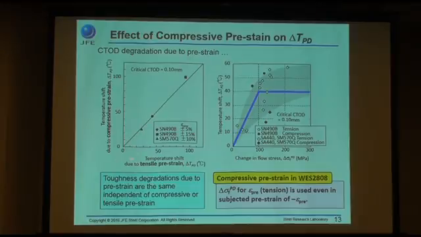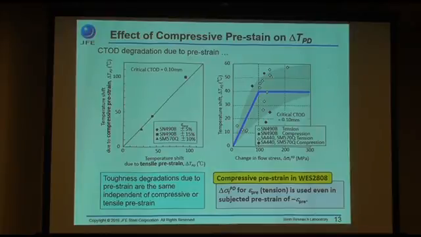In this figure, the horizontal axis is the transition temperature rise due to tensile prestrain, and the vertical axis is the transition temperature rise due to compressive prestrain. You can see that, independent of compressive or tensile prestrain, the transition temperature rise can be described just as a function of the applied prestrain level itself.